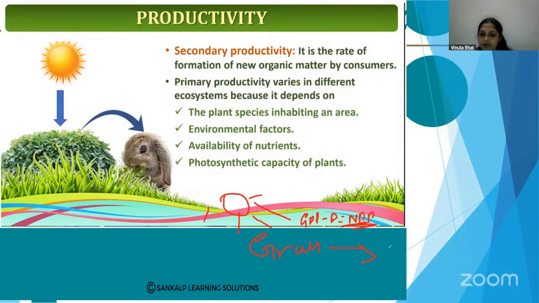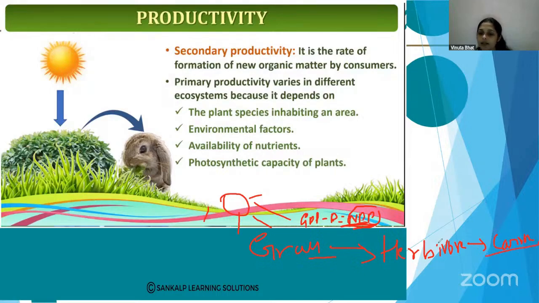But the grass, or the NPP, is available for the herbivores in the next level. And the herbivore is consumed by the carnivore.